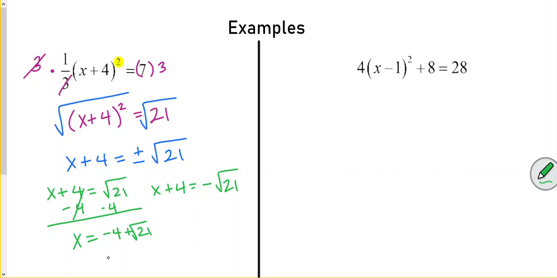Or if you wanted to write it as square root of 21 minus 4, that's fine too. I will accept either one. Same on the other side, subtract the 4. And we get x to equal negative 4 minus the square root of 21. Or you can say the negative square root of 21 minus 4. Either way is acceptable.